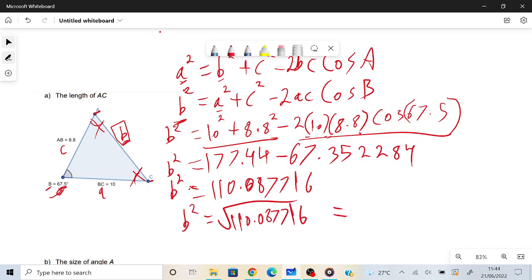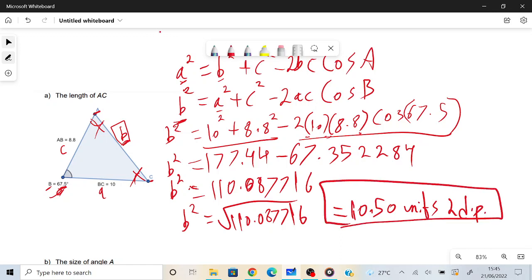Putting this in my calculator, this is 10.50 units to 2 decimal places. That is your final answer.